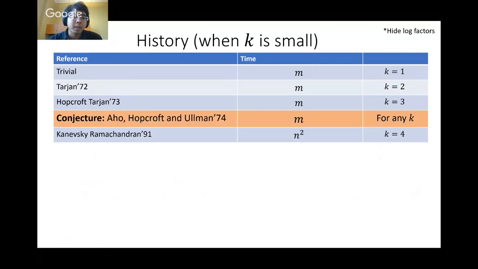In the paper by Kanevsky and Ramachandran in '91, they managed to get n squared time, but it is still not near linear in the number of edges. So it got stuck like this for a long time.